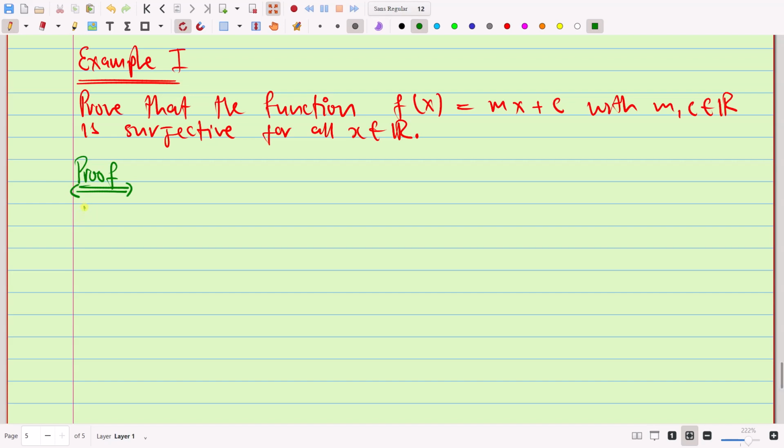I'm going to take any element that lies in the range. So I'll say, let beta be an element of the range of f.